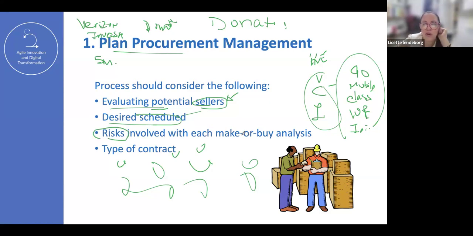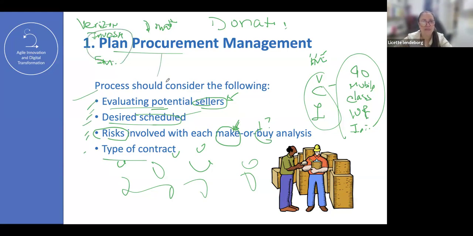Sometimes you are going to say, no, listen, I'm not going to buy this, I'm going to make it in-house inside of the company. So two things you need to make a decision: make or buy analysis, and of course, type of contracts.